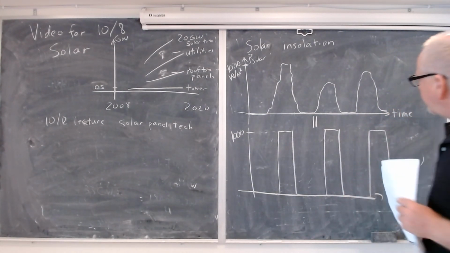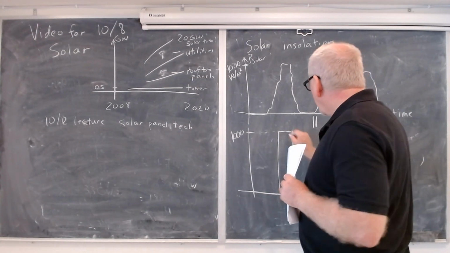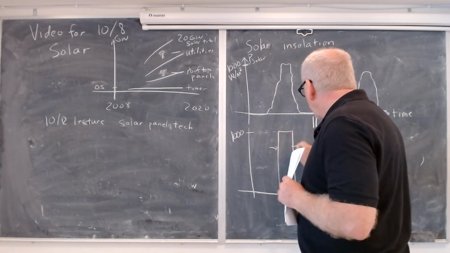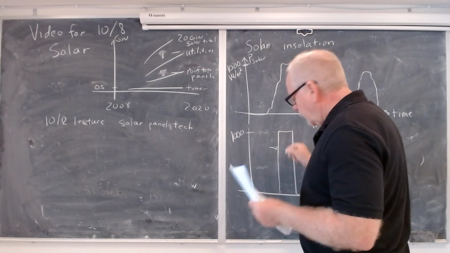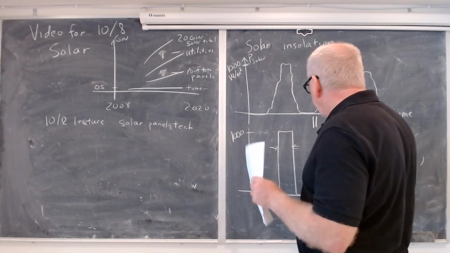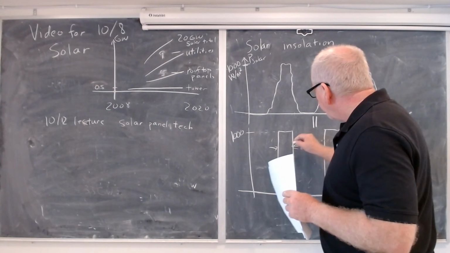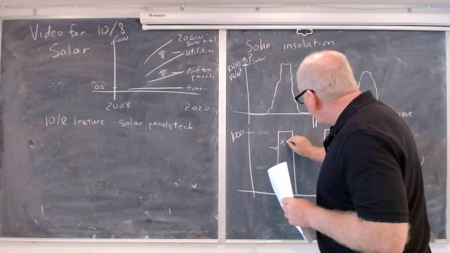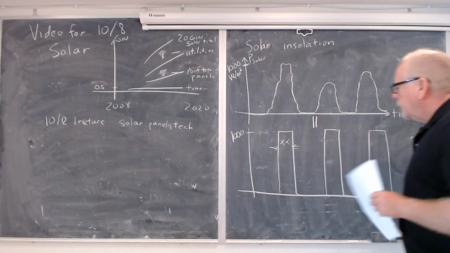Okay, you get the idea. Every day it goes up to 1,000 for a certain number of hours, which is sort of the insolation hours, but I'll just call it T sub T or something like that.